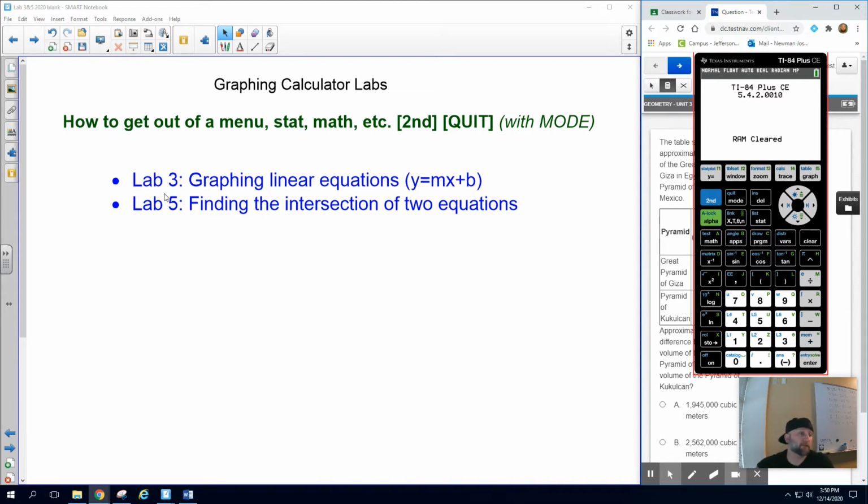First thing we're going to do is lab 3, graphing linear equations in y equals mx plus b. The important thing about this is that it has to be in slope-intercept form to do any graphing. Remember, it has to be in slope-intercept form.